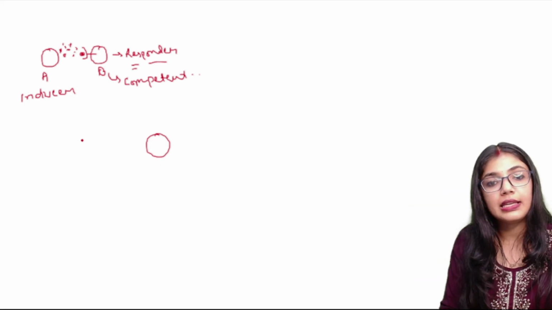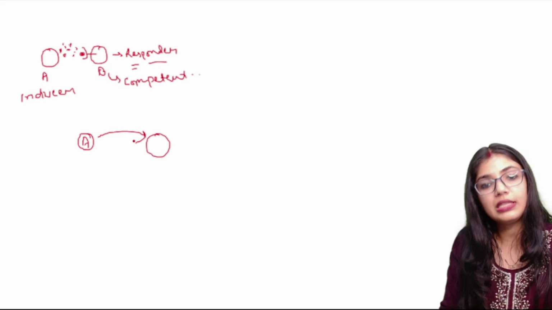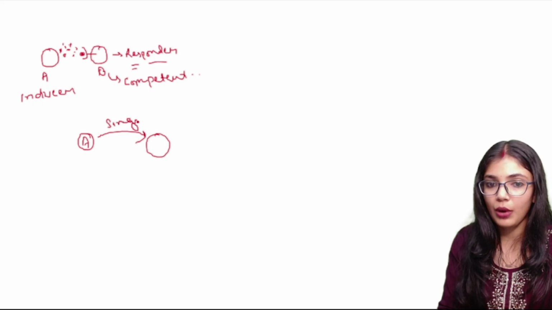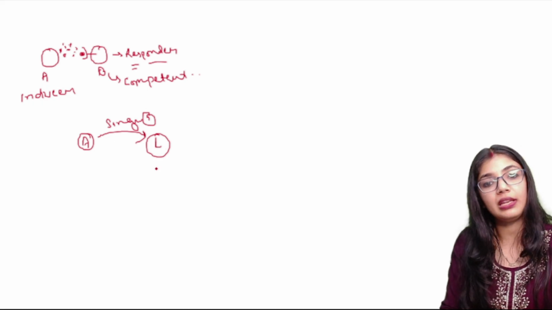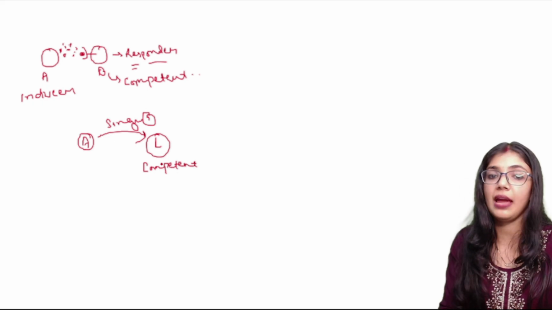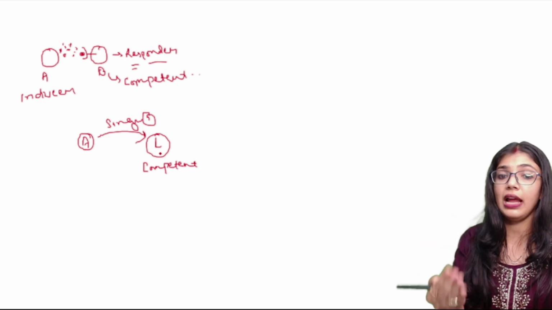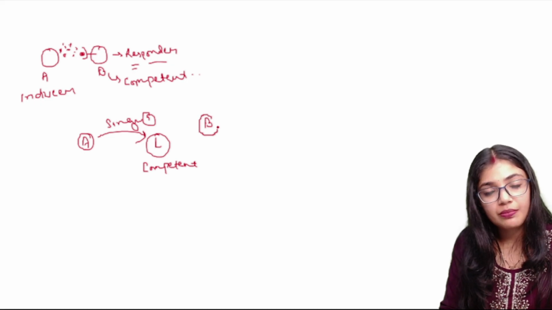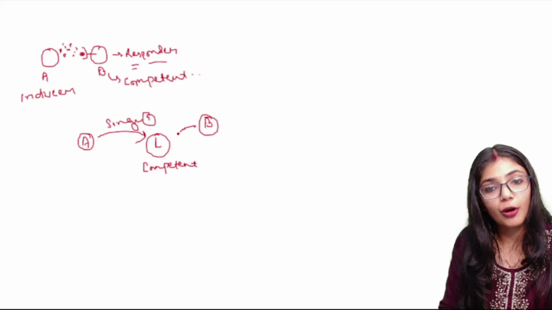The first signal is given by cell A. After receiving signal 1, this cell responsible for forming the lens is now competent, having the ability to receive and respond to another signal. Now cell B, the original cell, gives the signal to form the lens.